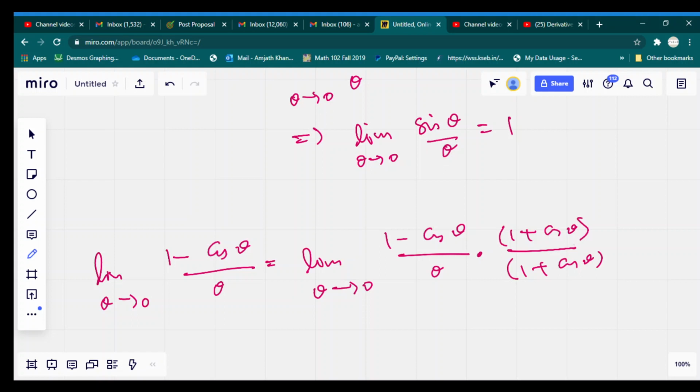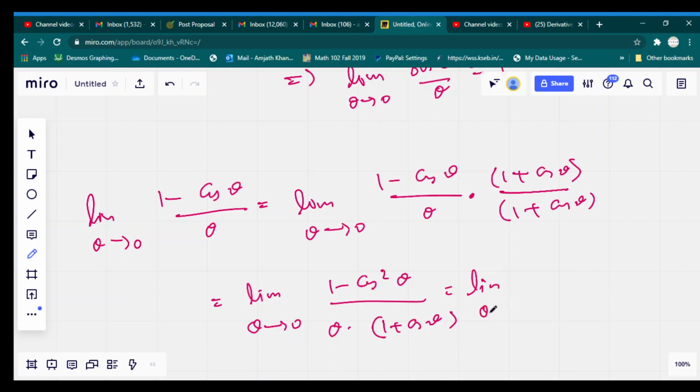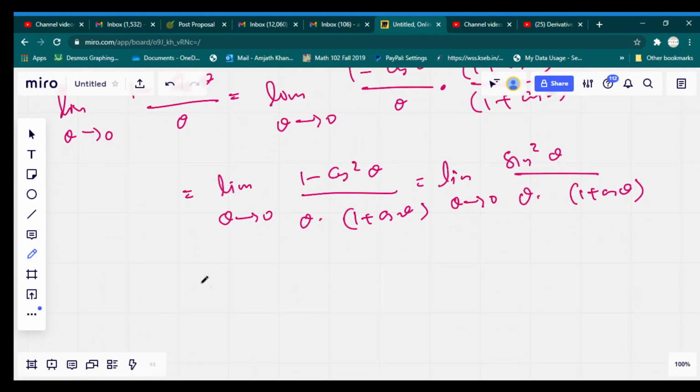This gives 1 minus cosine squared theta over theta times 1 plus cosine theta, which is sine squared theta over theta times 1 plus cosine theta, by the famous Pythagorean identity.